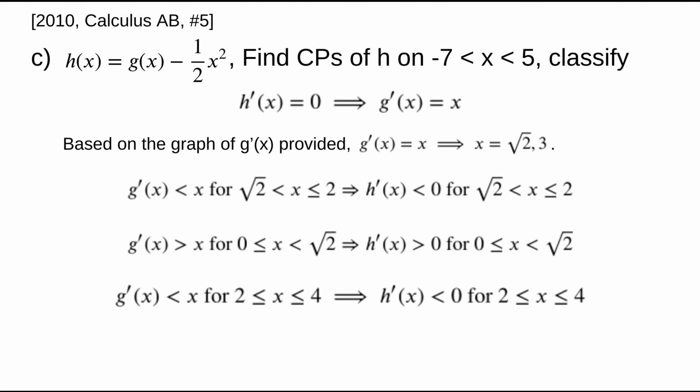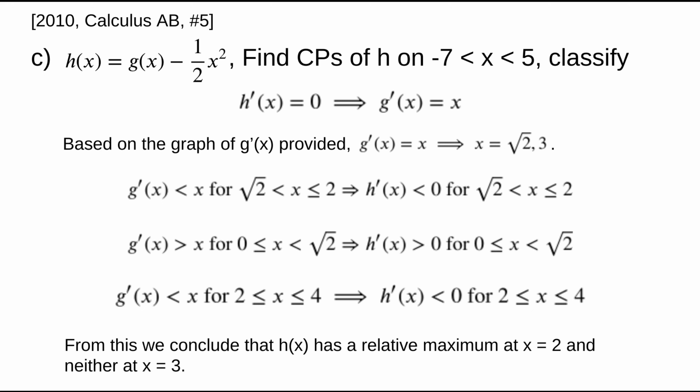And g prime of x is less than x for x between 2 and 4, which implies that h prime of x is less than 0 for x between 2 and 4. So, from this analysis, we conclude that h of x has a relative maximum at x equals 2, and neither a maximum nor a minimum at x equals 3.